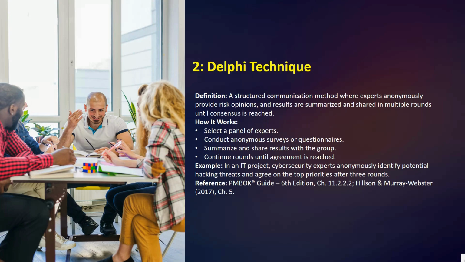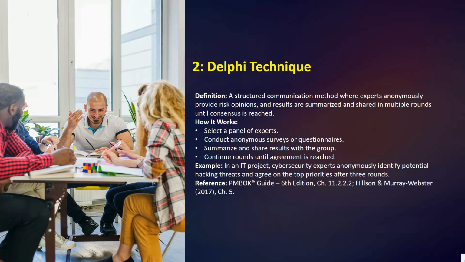In the Delphi technique, the facilitator distributes questionnaires to a panel of experts, and their responses will be collected, summarized, and then redistributed to the panel. Experts review the summarized feedback and can adjust their opinions in subsequent rounds.